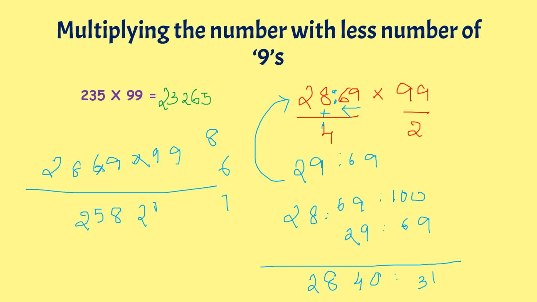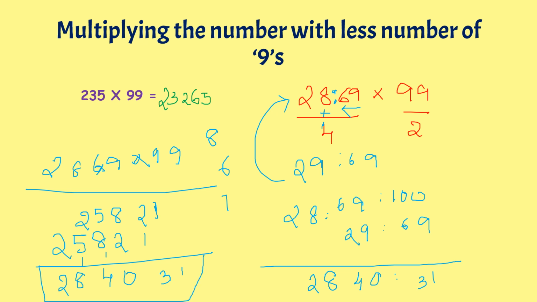So 25821 is the answer. Again we take the same 25821 here, 1, 3, 8 plus 2 is 10, 13 plus 1, 14, 5 plus 1 is 6, 6 plus 2 is 8. So whatever the answer we got is correct, the same, 284031 and 284031, the same one.